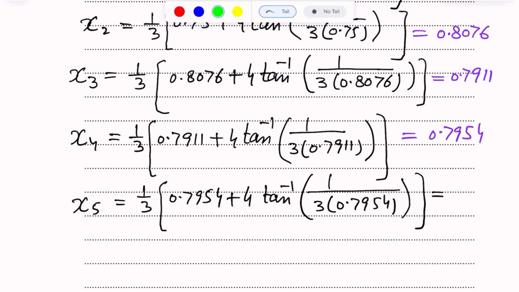After calculating, the answer of this iteration is 0.7943.